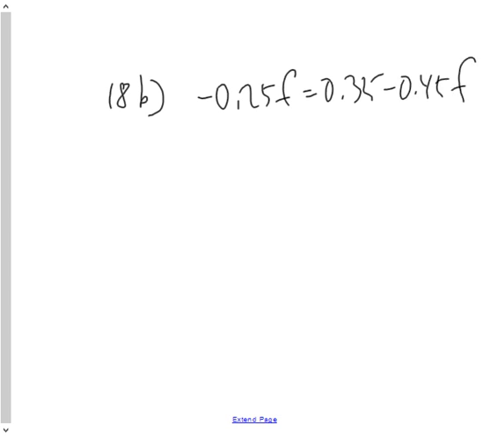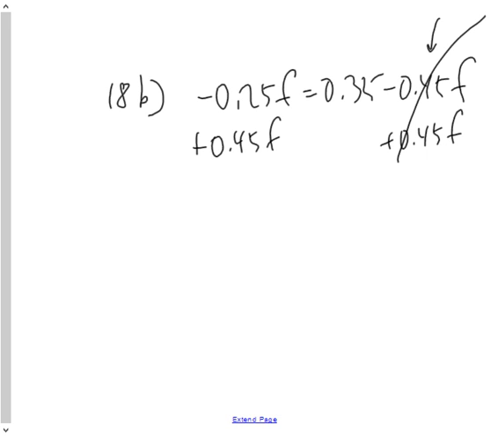In the second question, 18b, we have negative 0.25 f equals 0.35 minus 0.45 f. The side that I have the least amount on, although it's a bigger number, this is less amount, so I'm going to add 0.45 f to both sides. Zero pair.